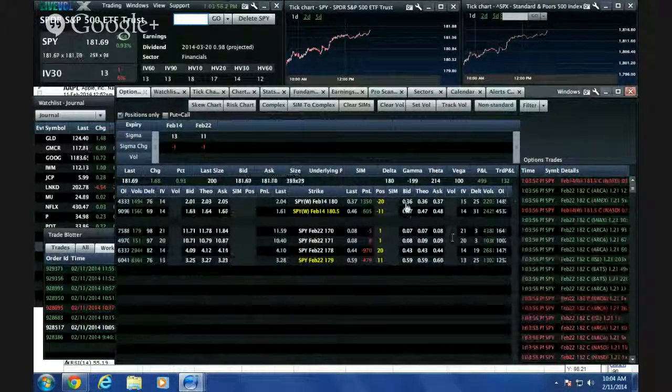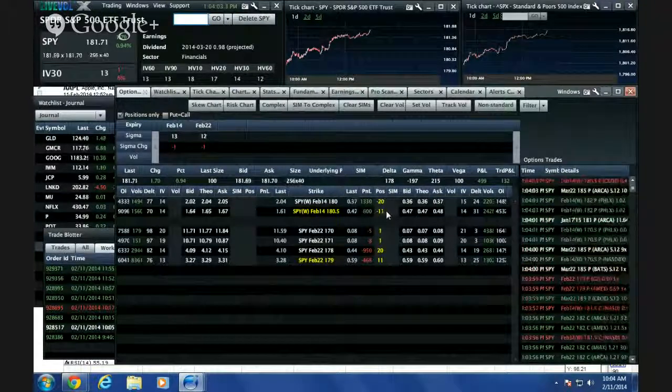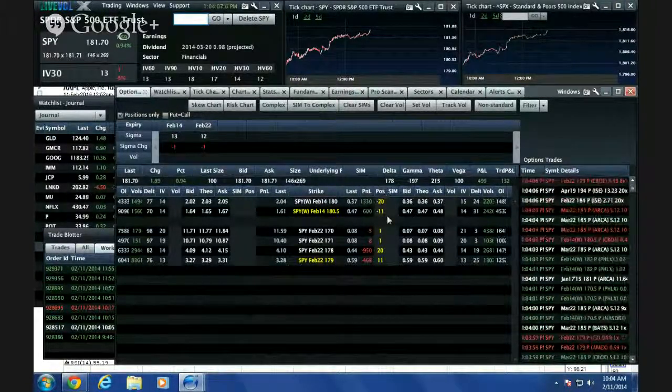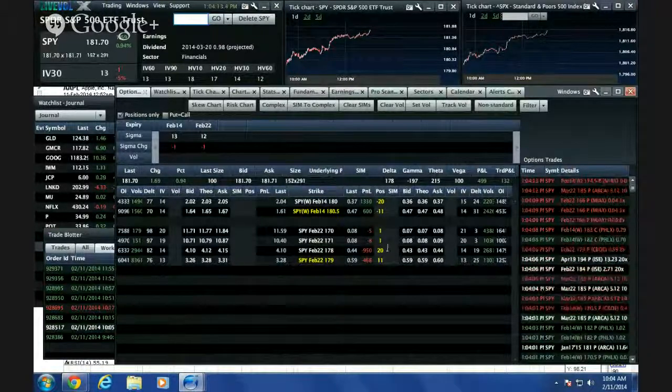So a lot of my strategies on the Reg T account are trying to use the limitation you have with the Reg T margin requirement, but try to gain options for free or for a very low cost.